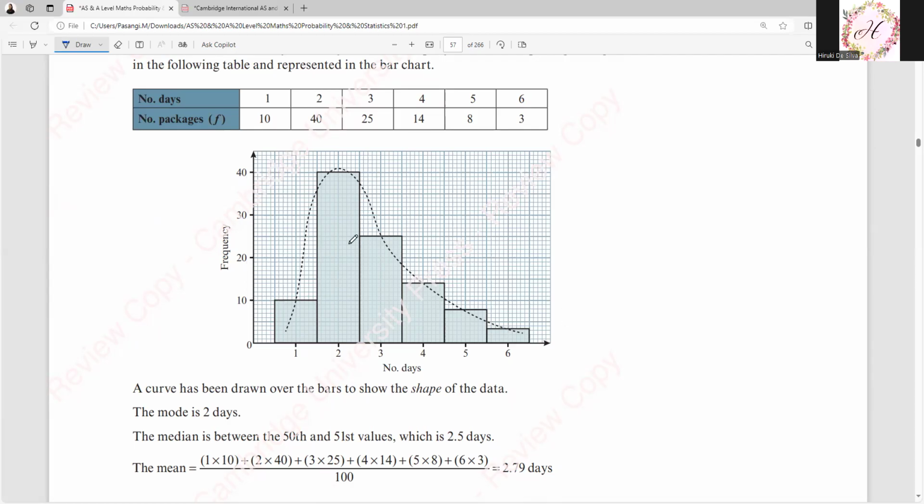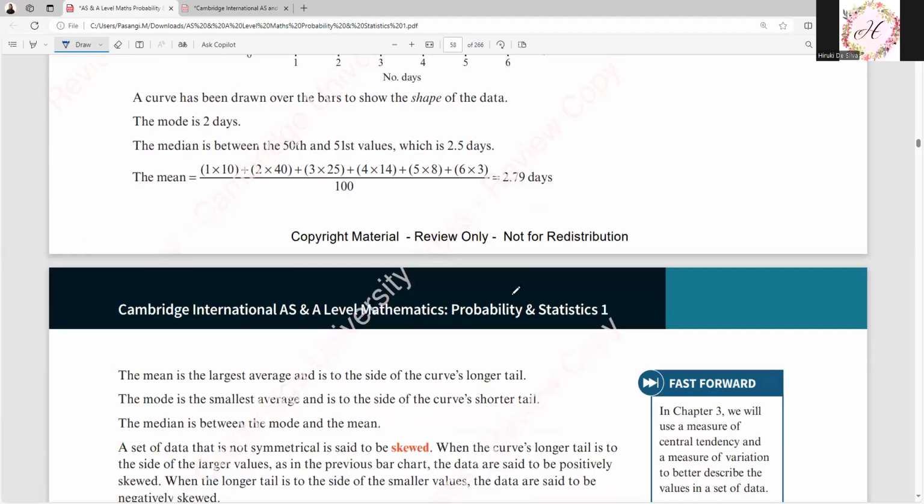Then to calculate the mean, the same way, we multiply all these and then divide by the total number of packages, that would be 100. Then you will receive 2.79 as the mean, that means the number of days, 2.79.